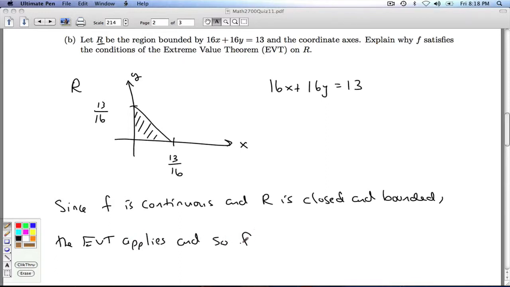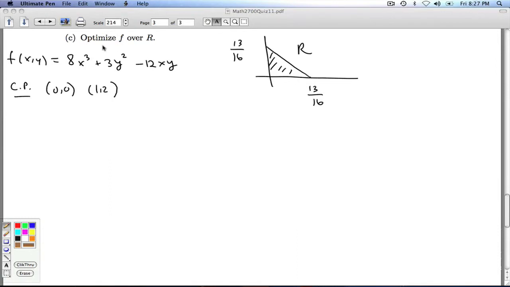And so f attains a maximum and a minimum on R.